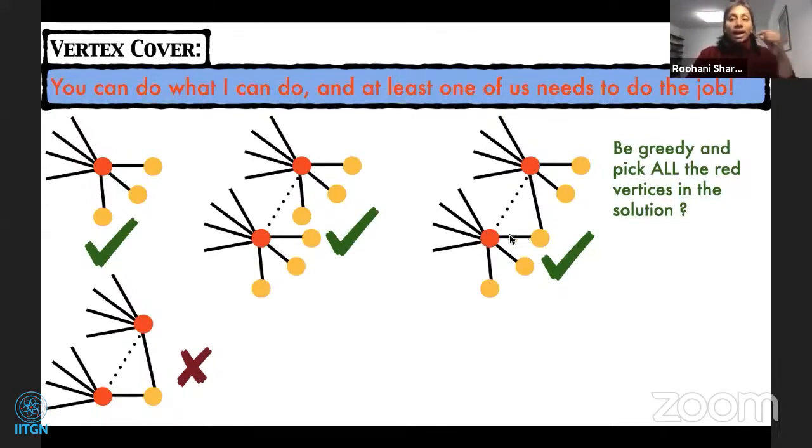If you just focus on one yellow vertex for this red edge and one yellow vertex for this red edge, we know that for each of these two edges, either the yellow or the corresponding red vertex has to do the job. And in this case, we can decide that the red vertices do the job. So because of these yellow edges, we can do the delegation.